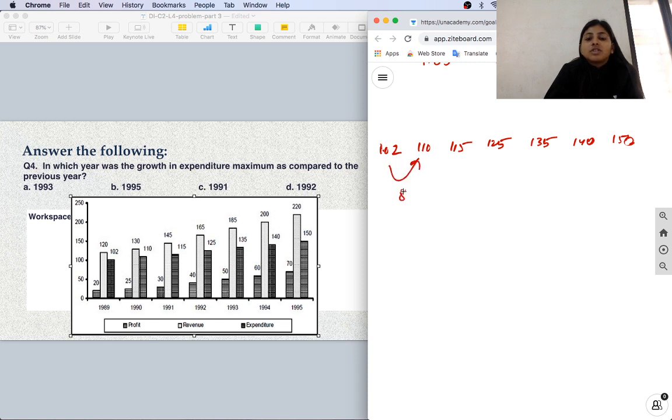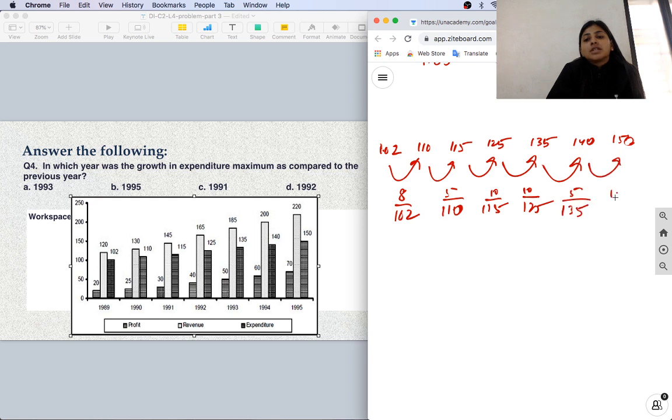Okay, from here to here it has increased by 8, by 5, 10, 10, 5 and 10.